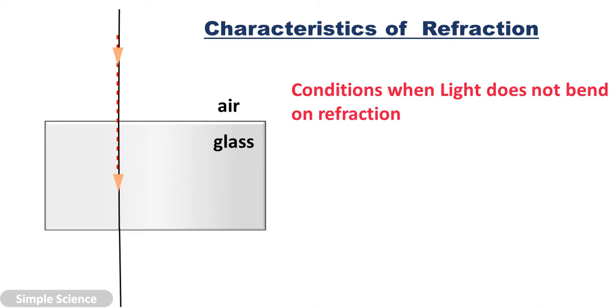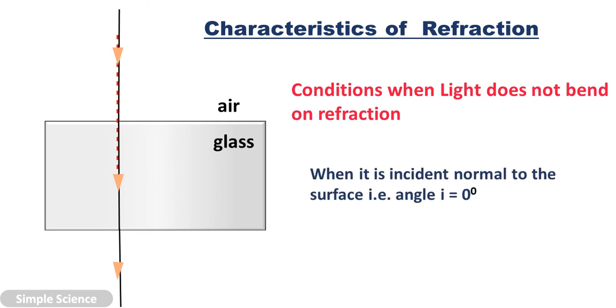When it is passing along the normal, or when it is incident normal to the surface, the angle between the incident ray and the normal is 0 because they are coinciding. So the angle of incidence i is equal to 0. What is the value of the angle of refraction r?